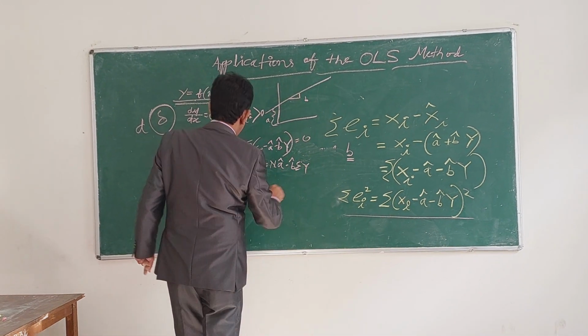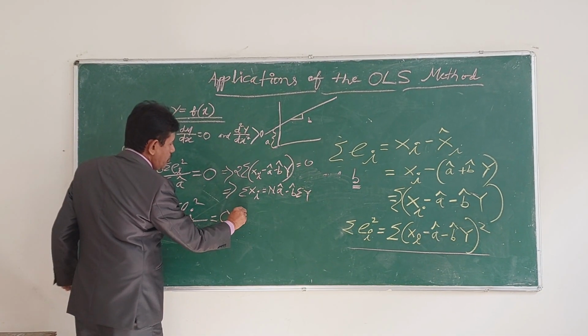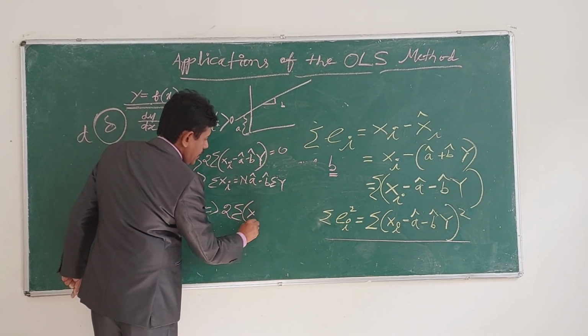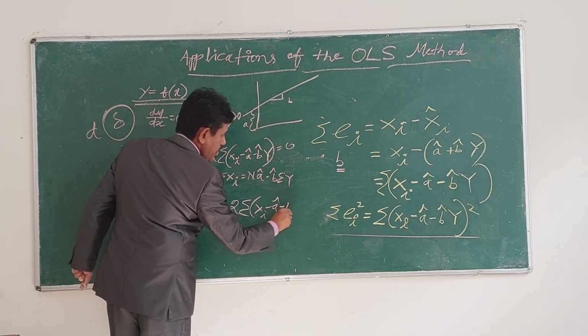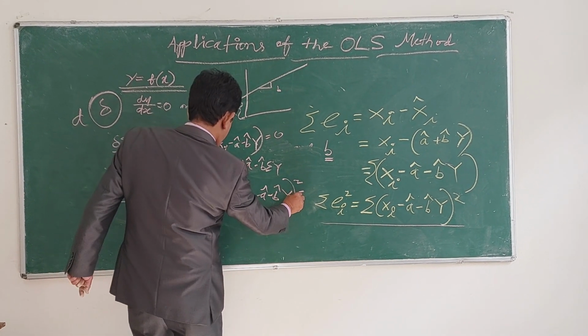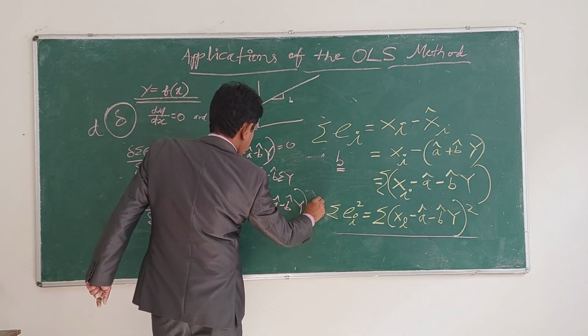y. And from the second equation we shall get twice summation of (xi minus a cap minus b cap y) into y equal to 0.